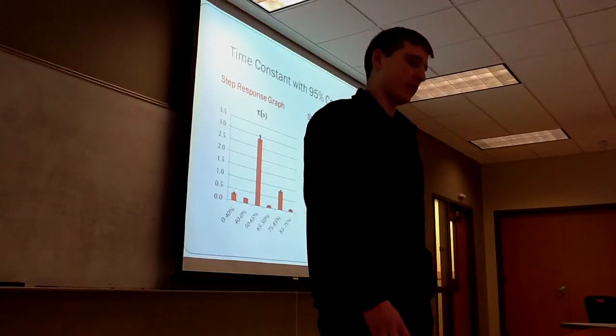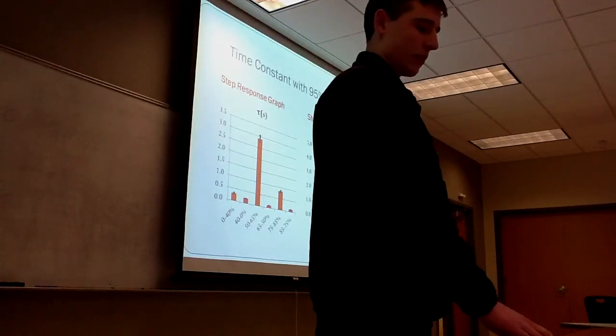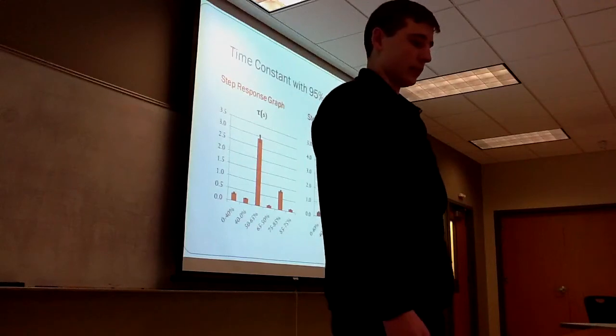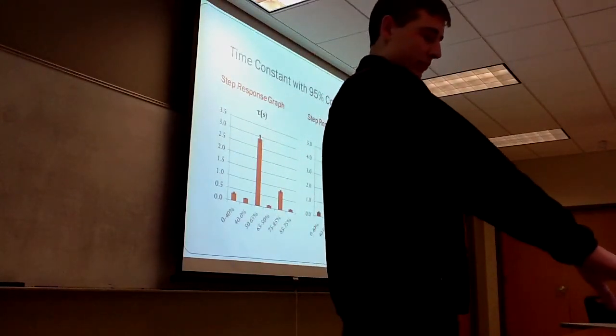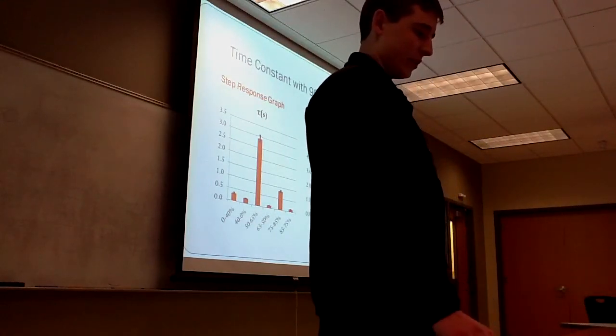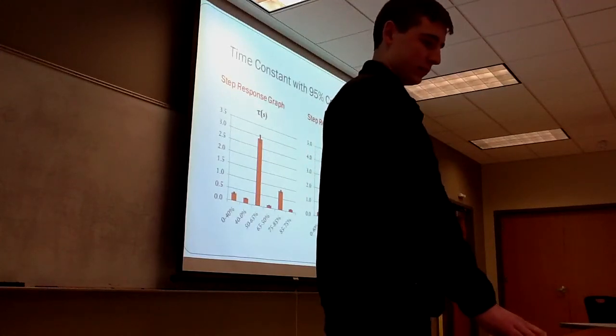Here's a comparison of the time constant graphs versus the models, and those show that our system is just random between 50 and 65%. The middle range is not very reliable.